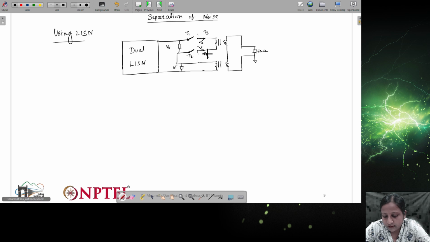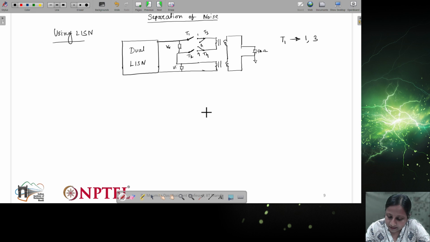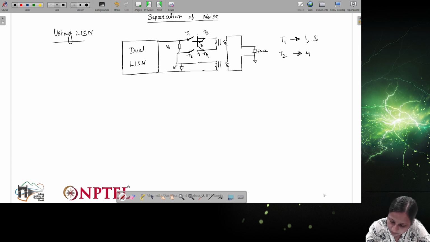These two points will tell you the different points. So T1 can be connected to point 1 or point 3. Similarly, T2 can be connected to point 4, and here it will be point 2.